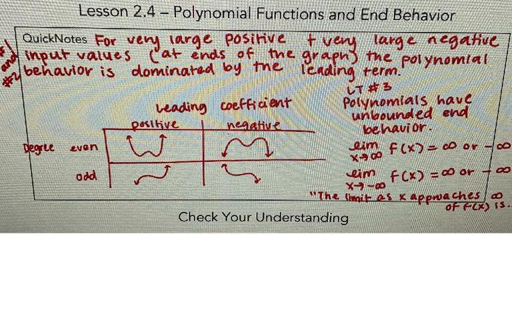Learning target 3 says polynomials have unbounded end behavior. What that means is as x's get really big and really small, it's always going to go to either positive or negative infinity. Polynomials do. That's not true of every function, but it is true of every polynomial. They don't have bounds at the end.